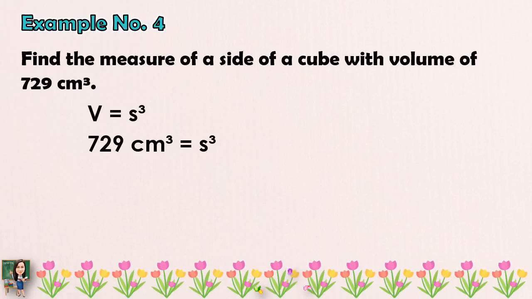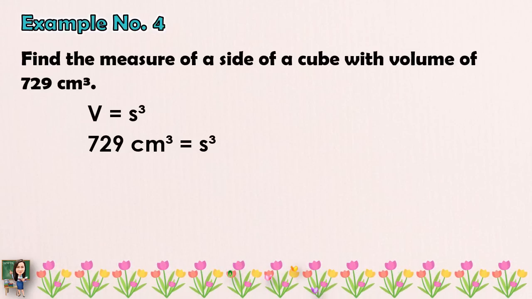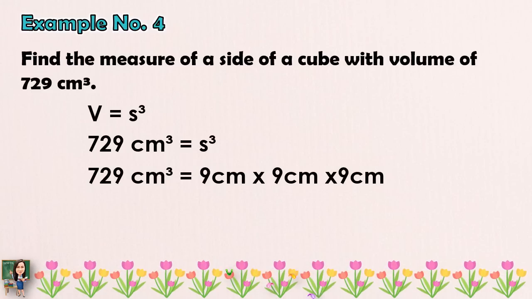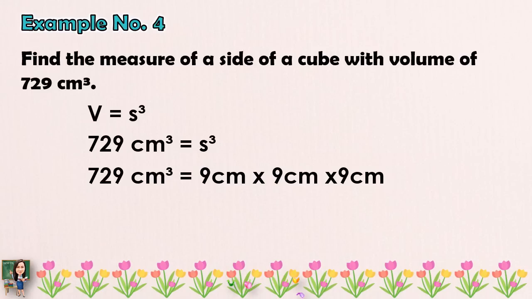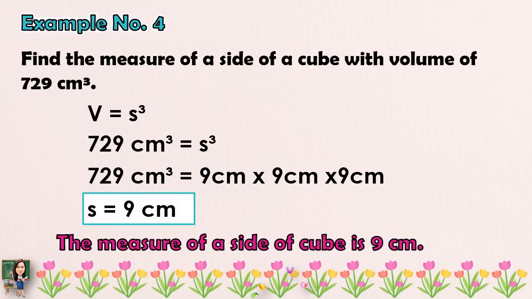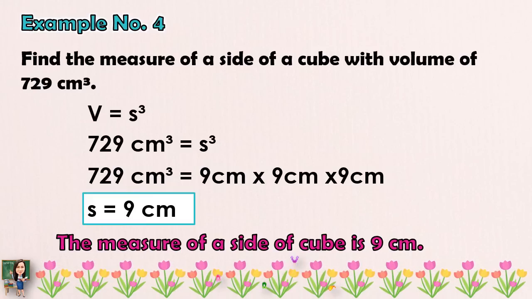Think of the number that we can multiply and the answer is 729. So this is 9 centimeters. So each side has 9 centimeters. 9 times 9 times 9 equals 729 cubic centimeters. The measure of a side of the cube is 9 centimeters.